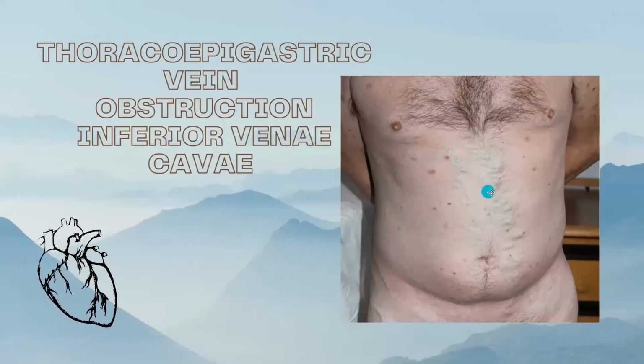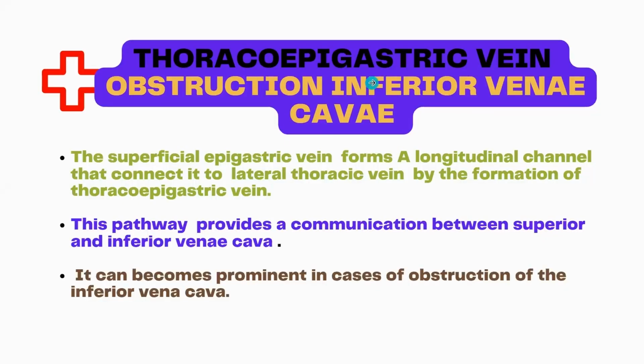And here you are seeing the thoracoepigastric vein that opens up in the obstruction of the inferior vena cava. So all these dilated courses are due to the thoracoepigastric vein. So what is the thoracoepigastric vein and how does it open up in the obstruction of the inferior vena cava?